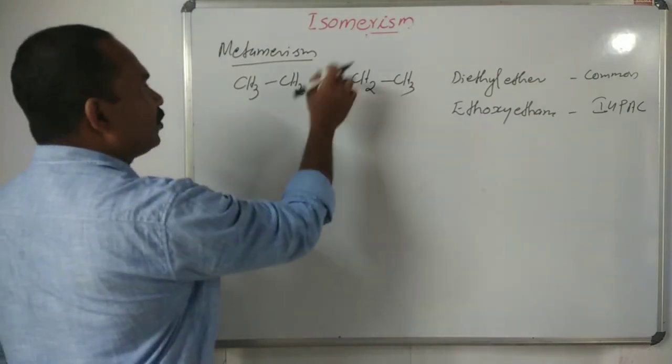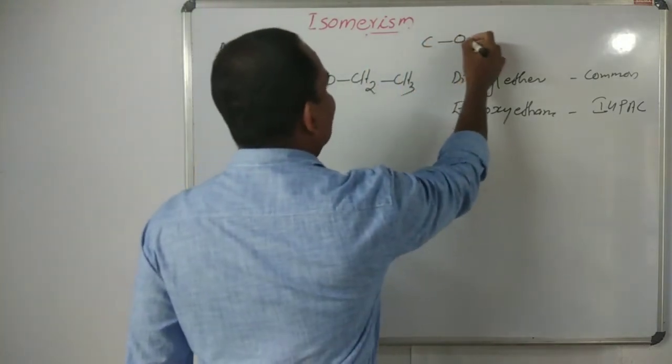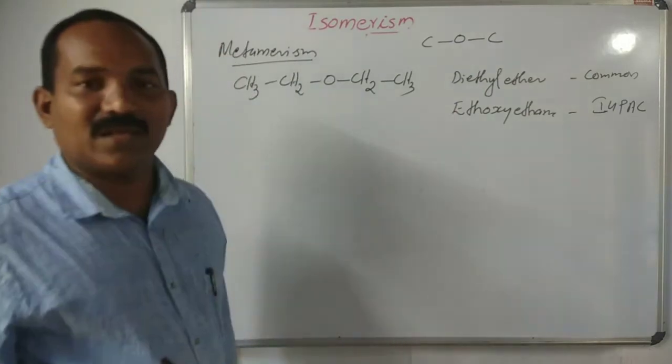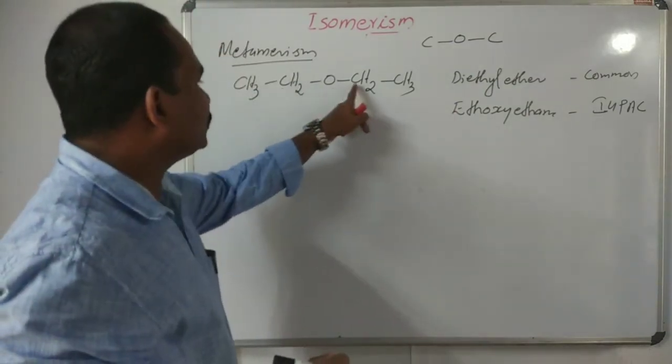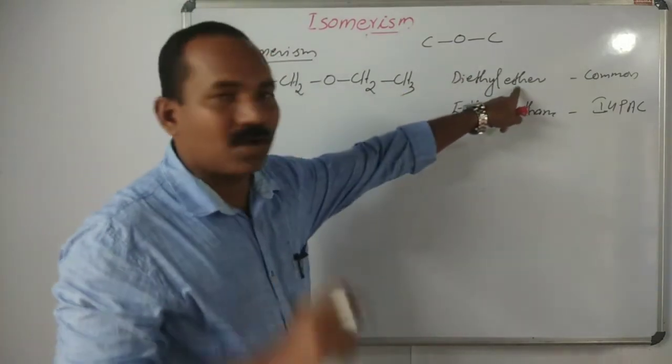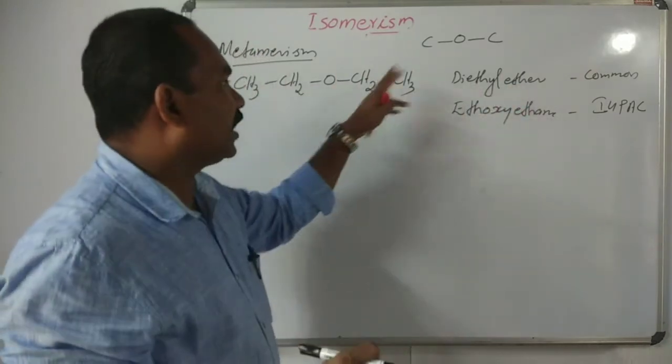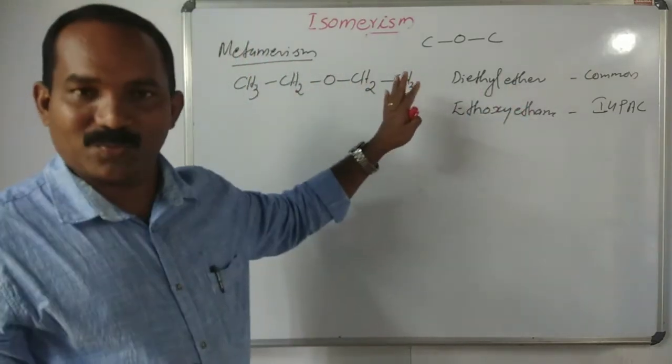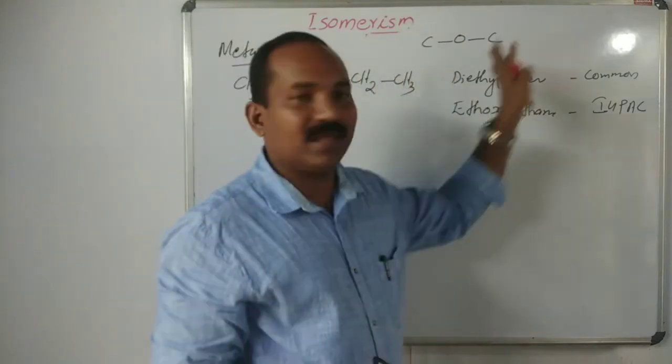What is the ether group? You know that the C-O-C link is the ether link. The common name is diethyl ether because both sides have an ethyl group.